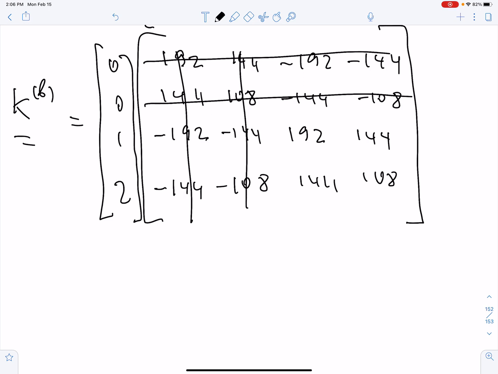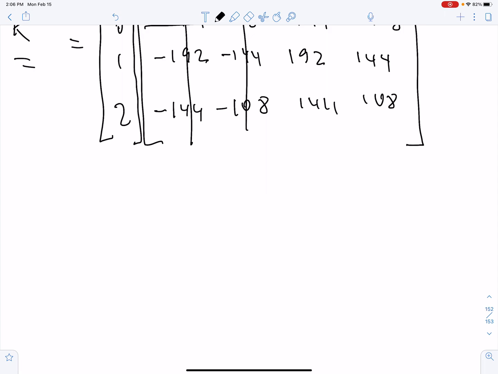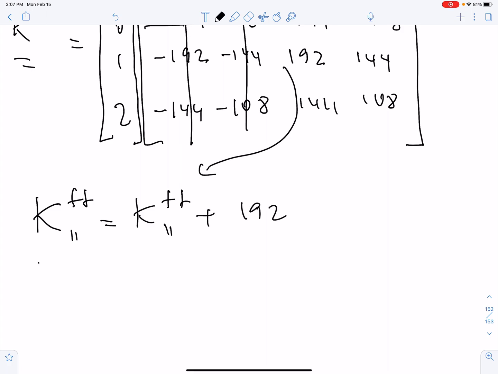Okay, so this allows me to wipe out 2 rows that are irrelevant, right? And here's my 2 by 2 block, now expressed in terms of the actual numbers. And so this tells me that whatever was in KFF 11 gets added 192, right, from here. Whatever was in KFF 12 gets a 144.